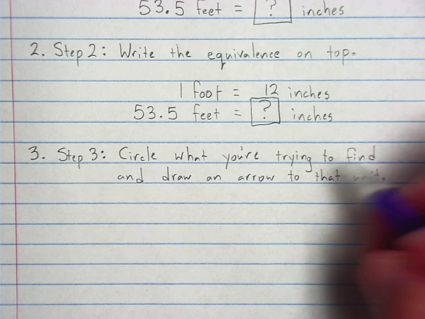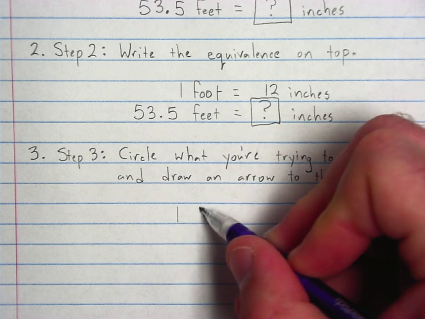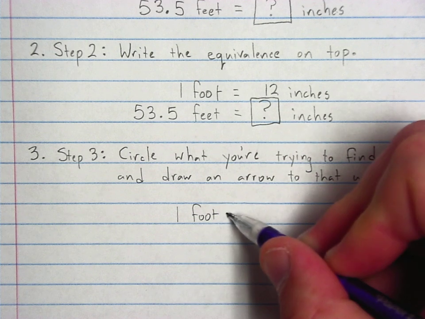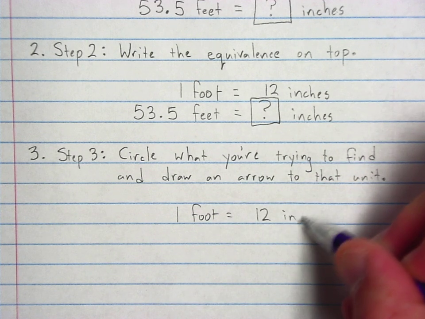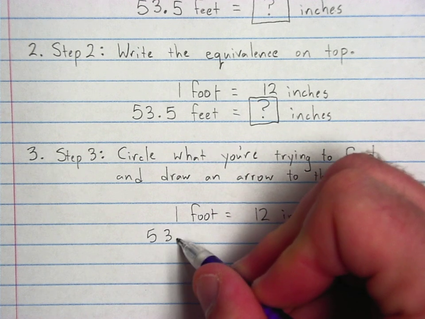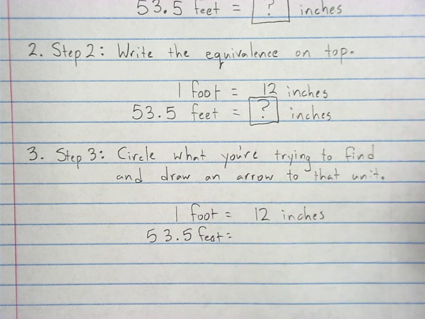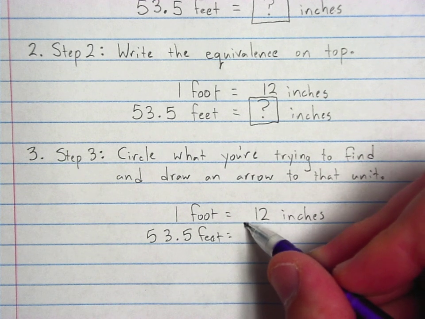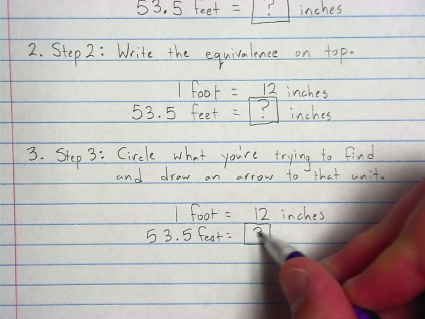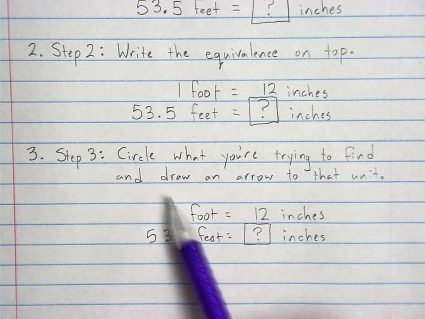All right. Now, if I know that 1 foot equals 12 inches, if I know that we have 53.5 feet, there we go, I got it right that time, and that equals some number of inches, well, what am I trying to find?